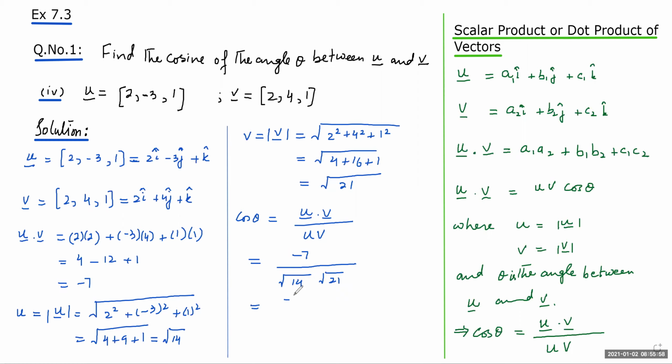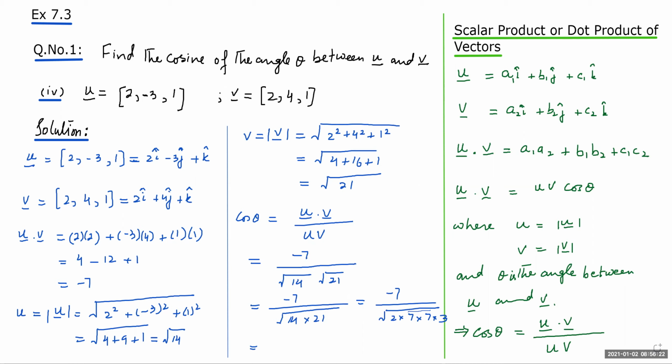Combine the two under one radical sign and you will get 14 into 21. Let's factorize these. Minus 7, 2 into 7 into 7 into 3. And you can see we have got 7 2 times here.